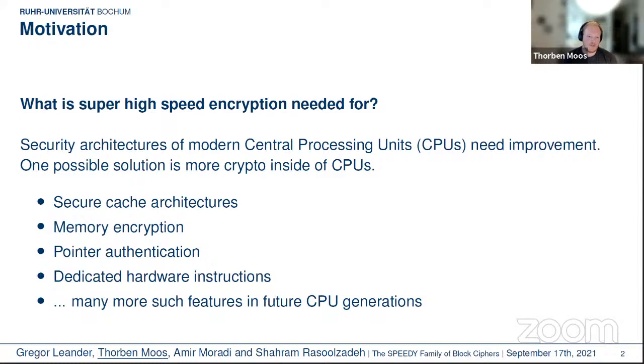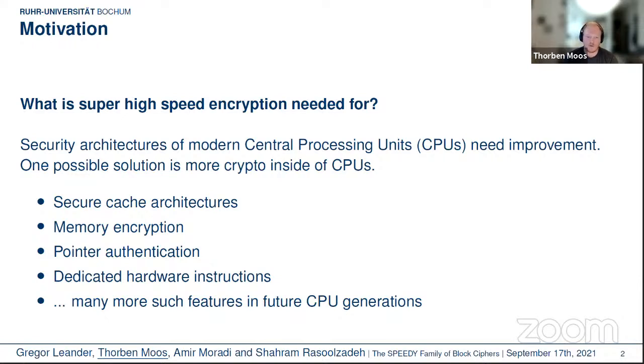What is super high speed encryption needed for? That depends on your opinion, but in my eyes, the myriad of microarchitectural attacks over the last couple of years has shown us that the security architectures of modern central processing units definitely need some improvement, and there are many solutions proposed.